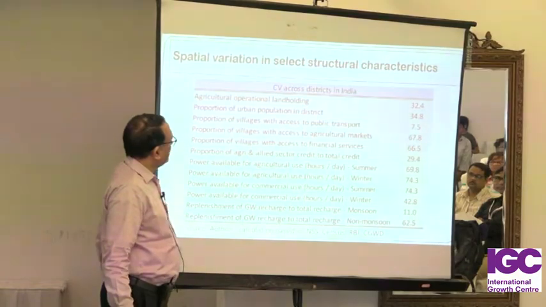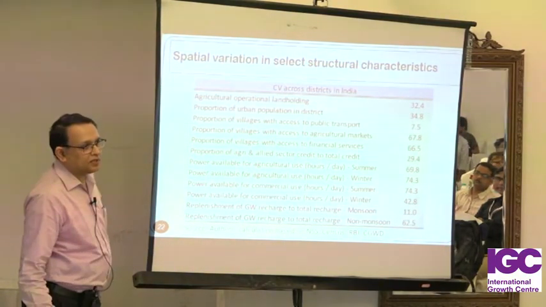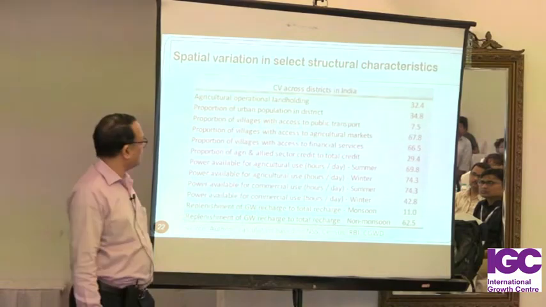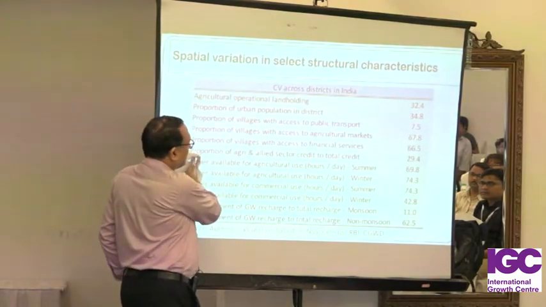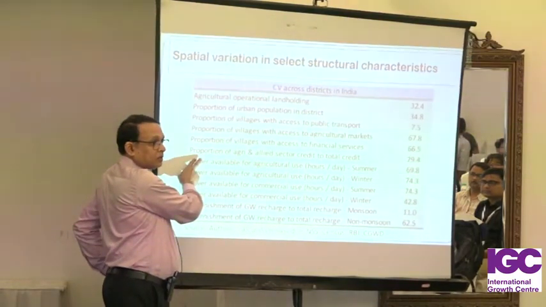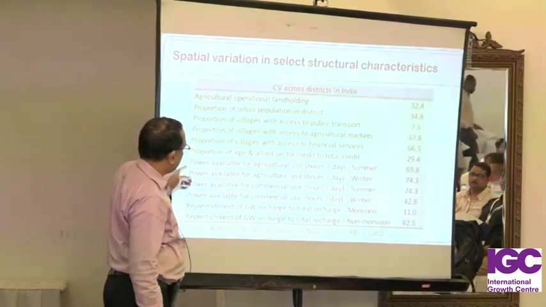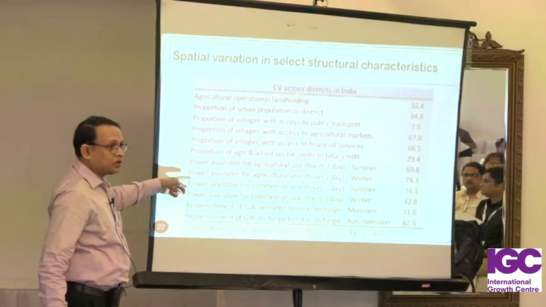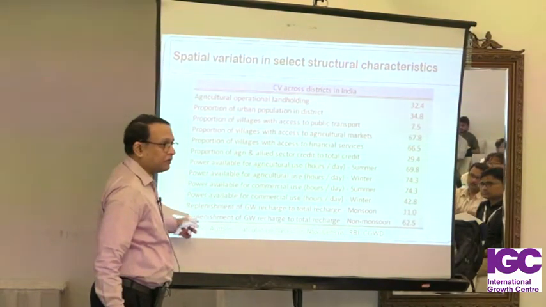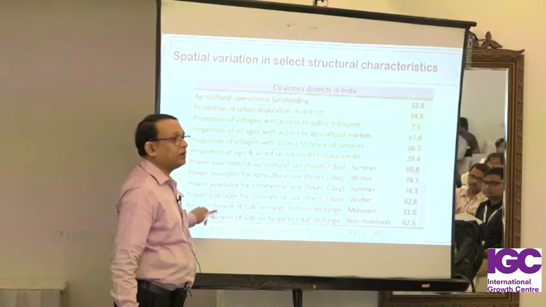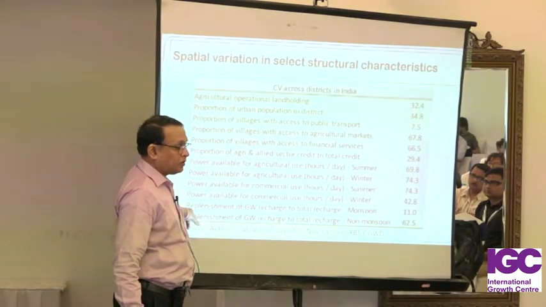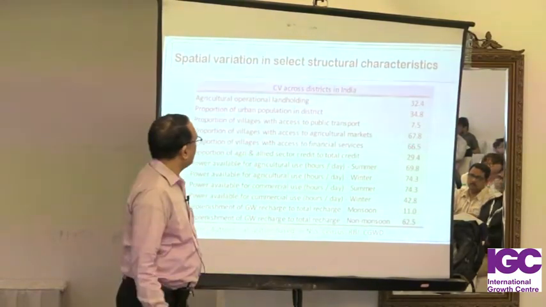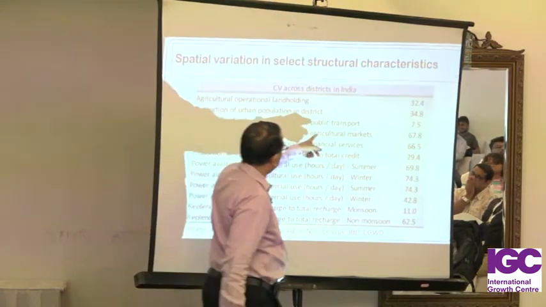Operational land holding, proportion of urban population in the district, villages with access to public transport, access to agriculture market, financial service, proportion of agricultural and allied credit, the total credit, how much credit flows to agriculture, power for agriculture use in summer, winter, commercial use, summer, winter, the replenishment of groundwater recharge during the monsoon and during the non-monsoon months, and you find significant variation in many of them. This is the only thing which has the least variation.